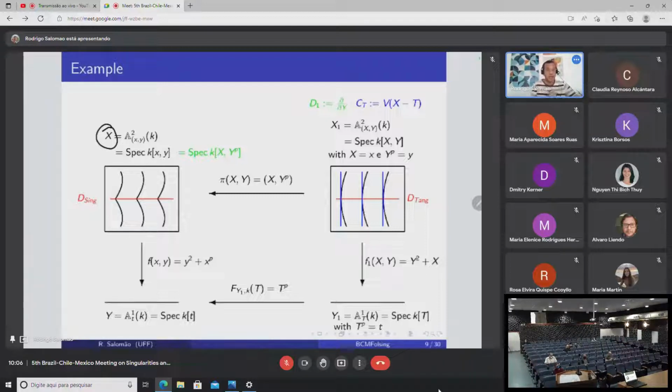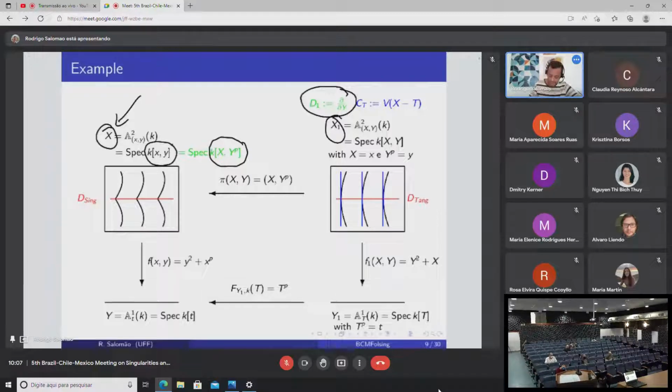And to finish this example, I would just want to say that this affine plane here, X, can be seen as a quotient of this affine plane by this vector field, because this affine plane is the spectrum of this ring of polynomials, which is also the spectrum of this ring of polynomials because of the introduced new variables.